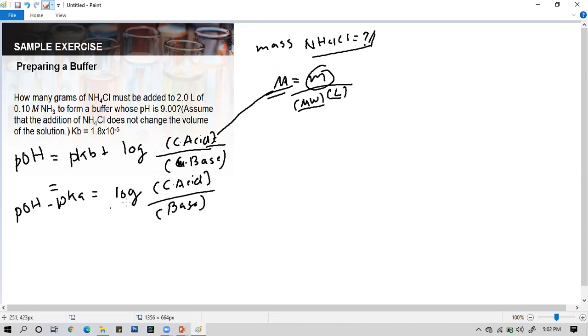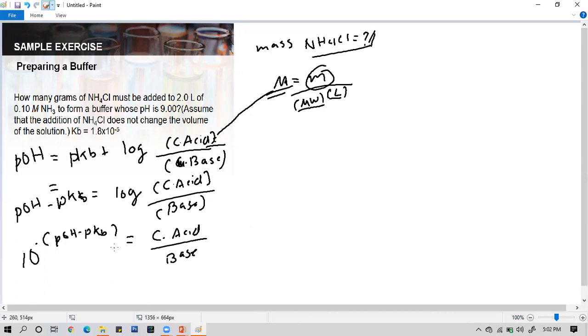Now, how do we cancel the log? We will use the antilogarithm, which is 10 raised to pOH minus pKb. Sorry guys, that is 10 raised to pOH minus pKb is equal to conjugate acid over base.